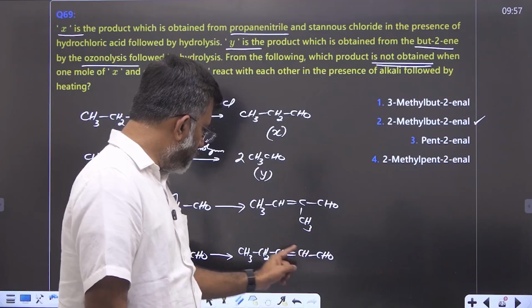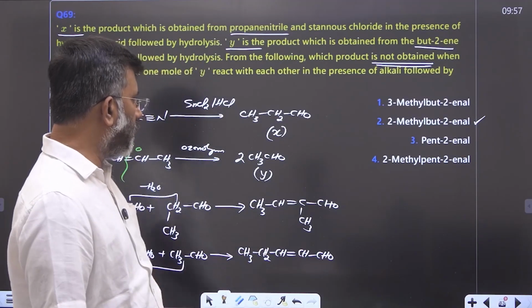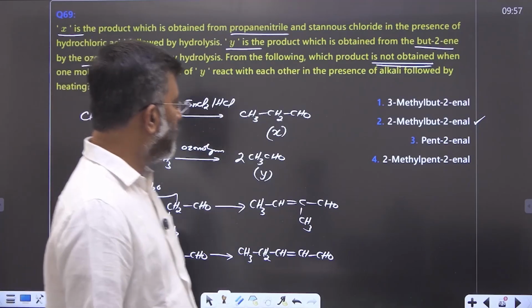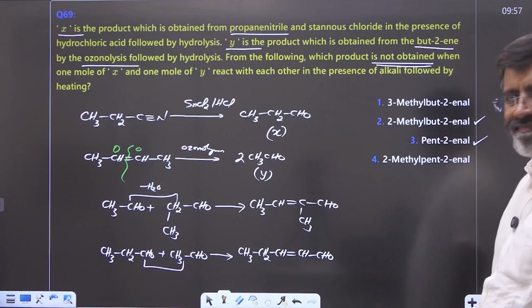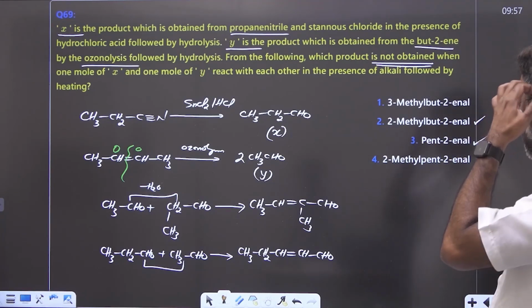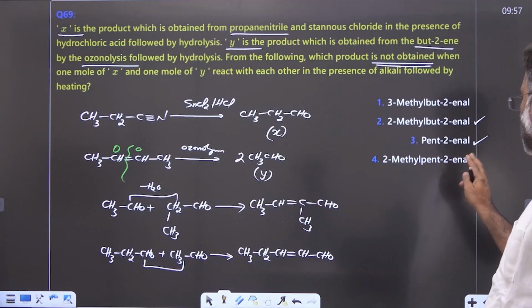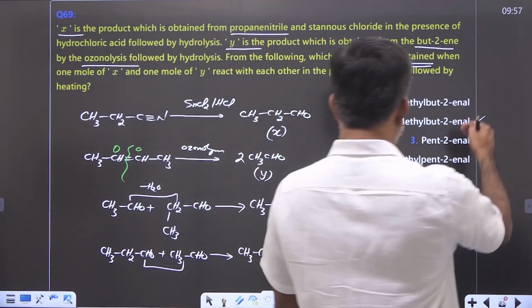That means 1, 2, 3, 4, 5. That is pent-2-enal. That is another product, right? Now, what about getting 2-methylpent-2-enal? Is there such a possibility? Can we get that one? So we got two products.